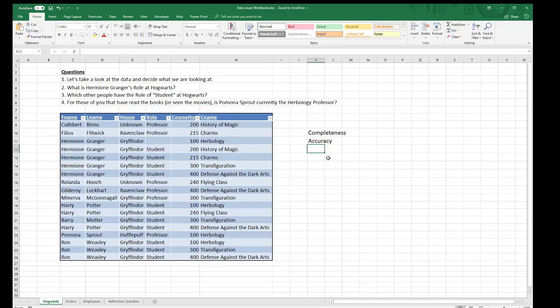The other thing that you'll notice while we're scanning all of the different pieces of data is that we have repeated information. So I think if I had just the student's last name, at least with this section of data, I would be able to tell both the house and the role of the student. This wouldn't be the case, obviously, if we had two students with the same first name, but in this case we don't.